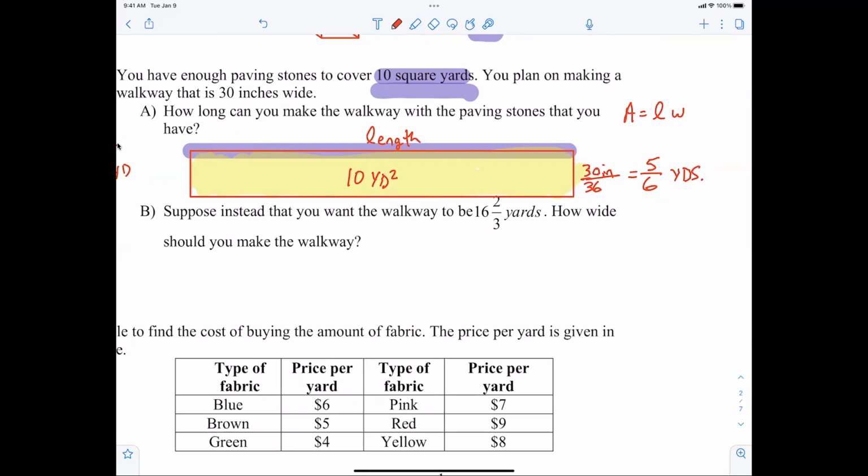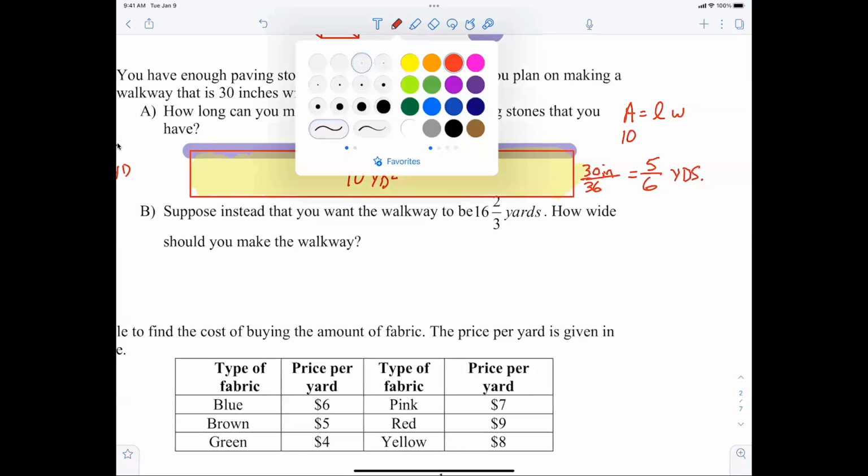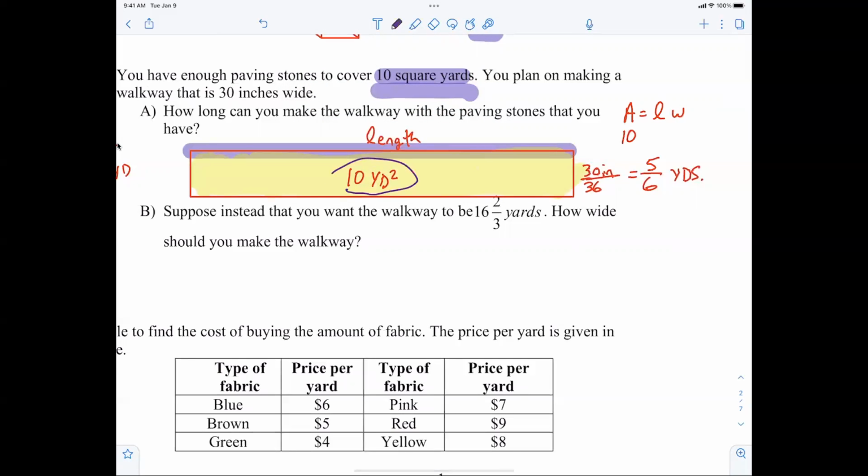So what's the area? Come on, guys. What's the area? 10. Thank you. For those of you who are listening, how do I know it's 10? Because you measure area with squares. Now remember, it's so important that you speak up if you're not understanding me. Is everybody okay with that being 10 square yards?